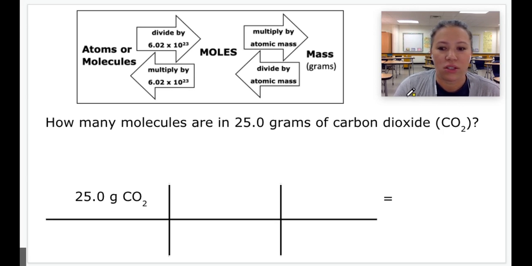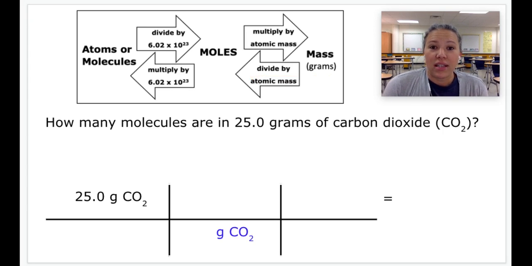So the number from the question always goes in the first box, and then let's follow my path here. The question gave me grams, so now I'm going to need to divide by the atomic mass. Another way to look at this is the unit that you have on top, you always want to have the same unit on the bottom in the next box. So I've got grams of carbon dioxide in the first box. I want grams of carbon dioxide on the bottom in the second box.